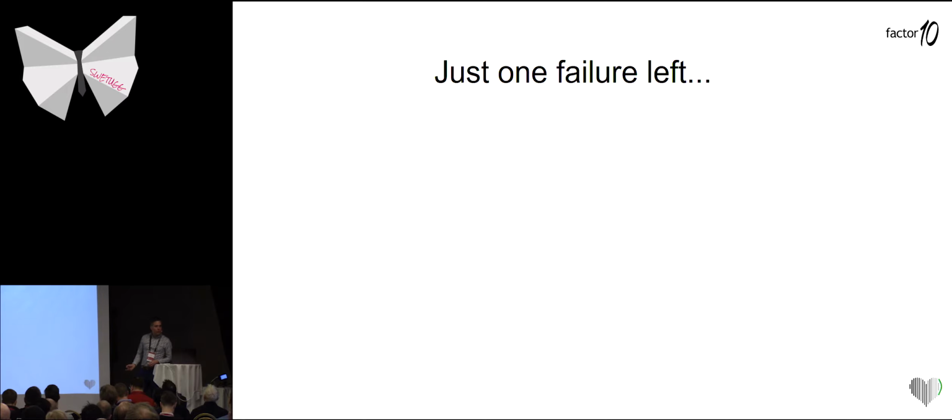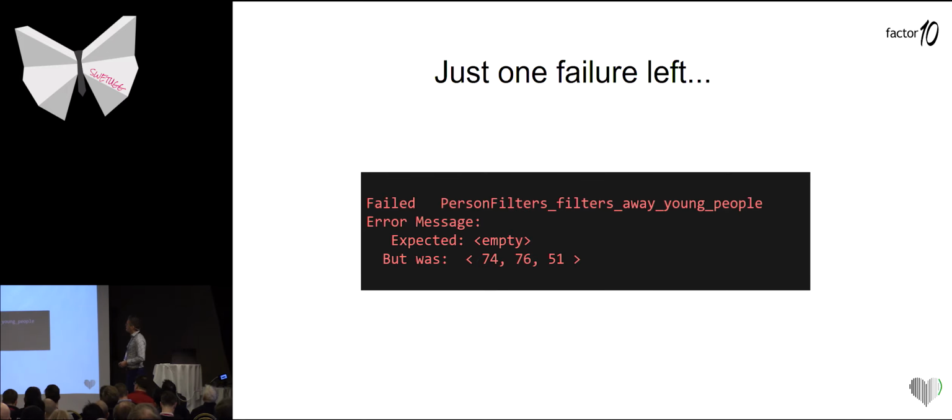Okay, one failure left. Person filters again. It filters away young people. And we expected something to be empty, but we have 74, 76, and 51. Obviously, these are young.